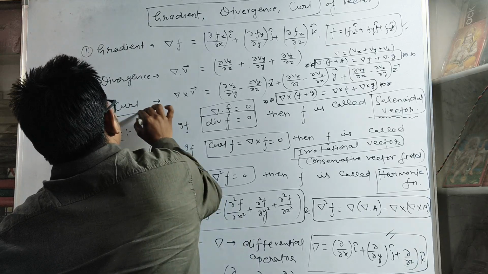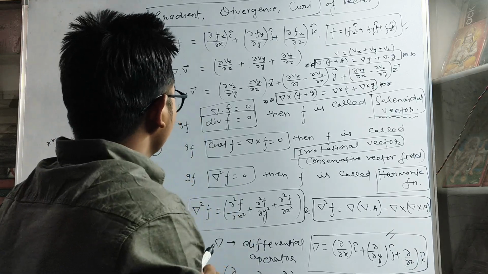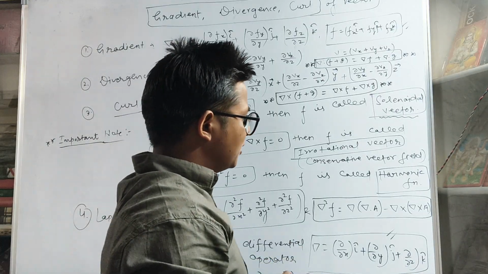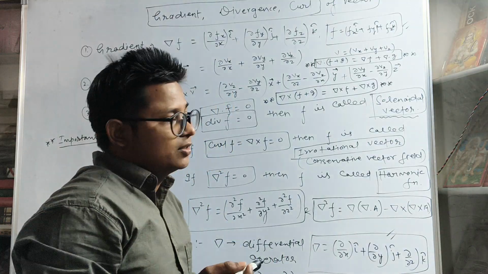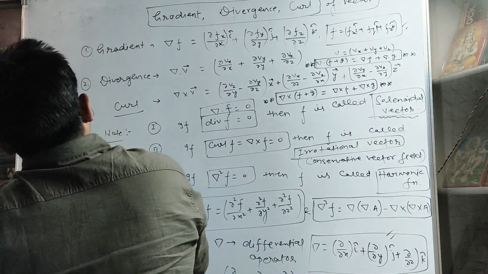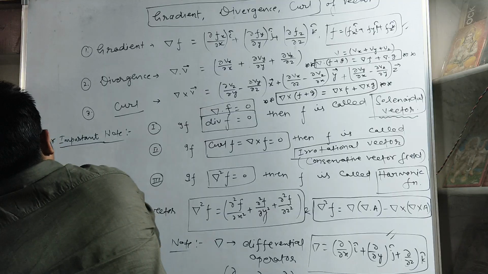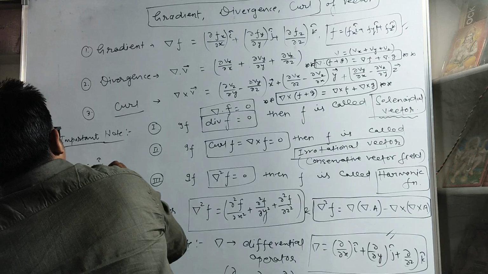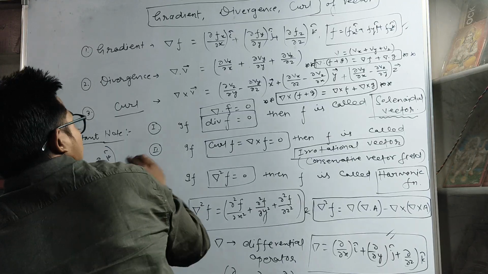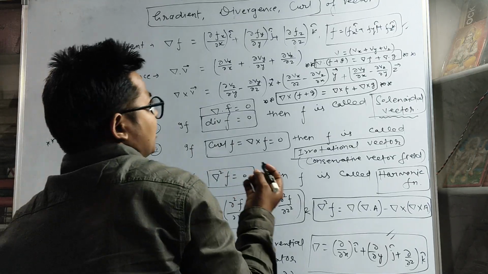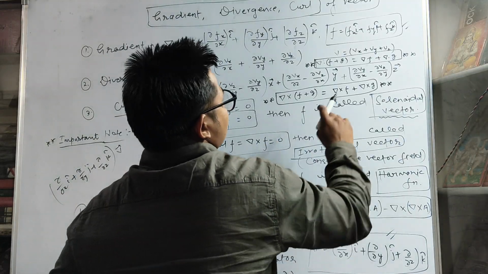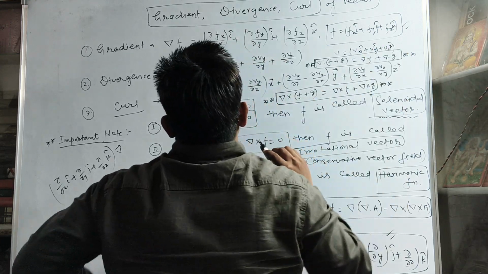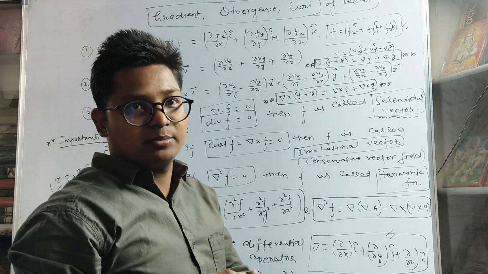Similarly, if you want to find the curl of a vector, we have to take the cross product of del with the given vector. Del is del x i cap, del y j cap and del z k cap. So if you want to take the cross product, that means like this, with the given vector, suppose the vector is v with its unit vectors.